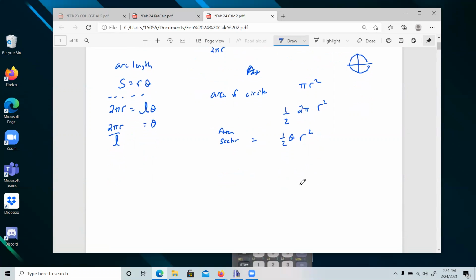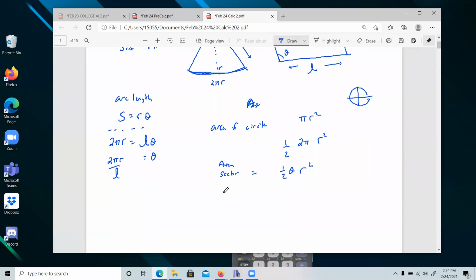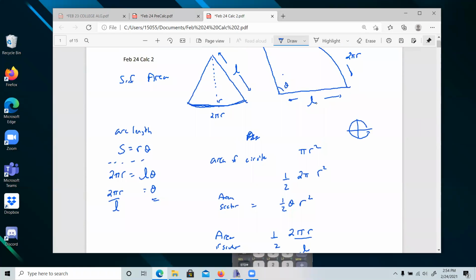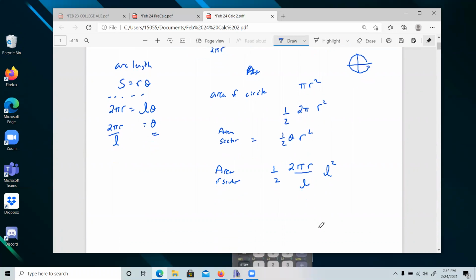The next thing we're going to do is, this theta is equal to 2 pi r over L. So we can get the area of the sector: 1/2 theta is 2 pi r over L, and in our case the radius is L, so it's L squared.